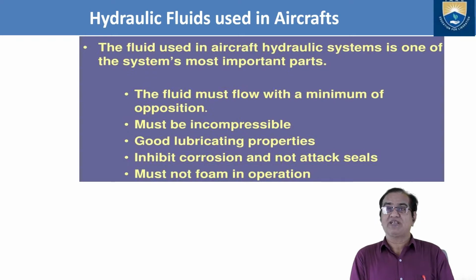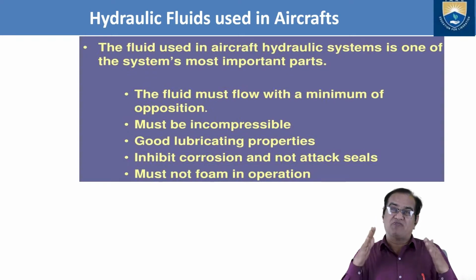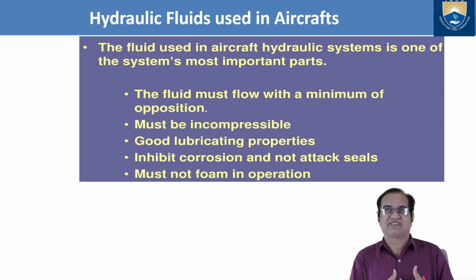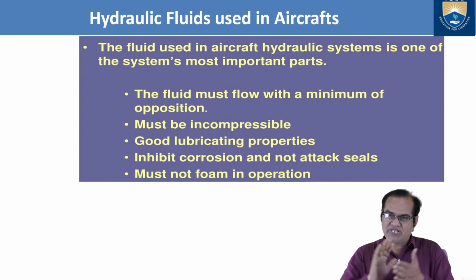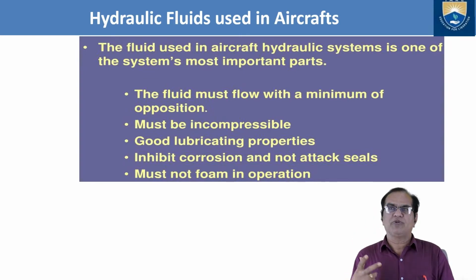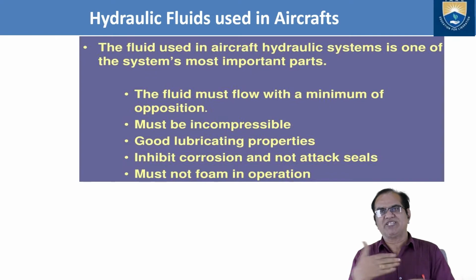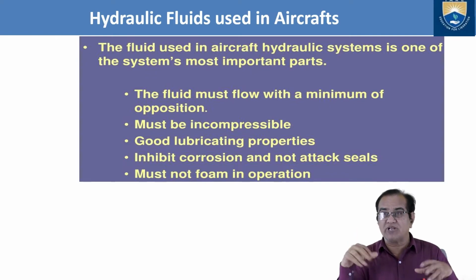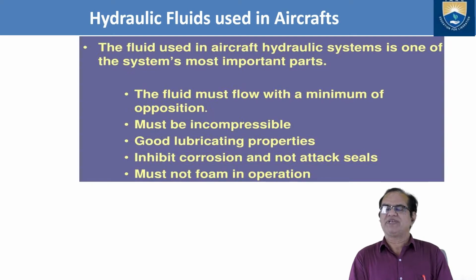So the first one is what? Minimum opposition, meaning the frictional forces should be very low. It should be incompressible, meaning once you compress this fluid, the molecules should not compress. Good lubricating properties, because the piston is moving again and again, so it should itself lubricate the system. Inhibit corrosion, meaning it should be corrosion resistant, rust should not form, and it should not attack seals.